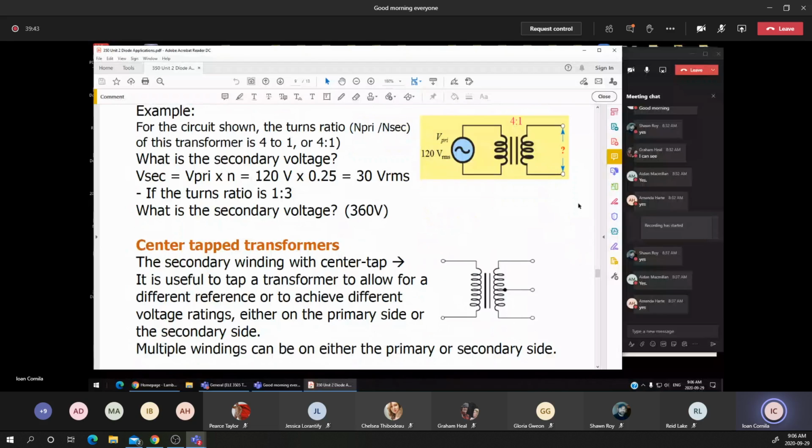I'm adding an identical winding on the secondary. Let's see if I can draw it on this diagram. Let's try a different color, probably green.